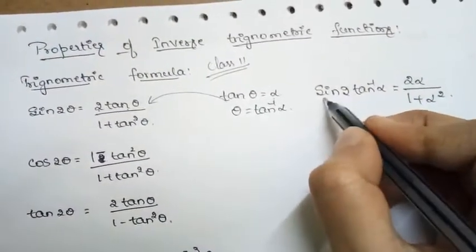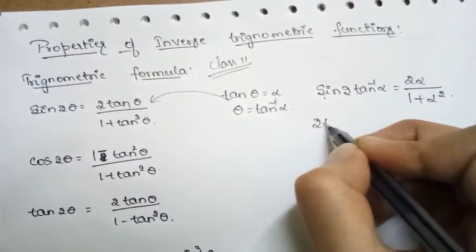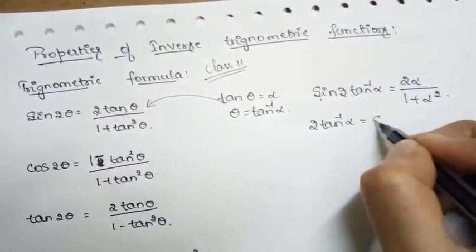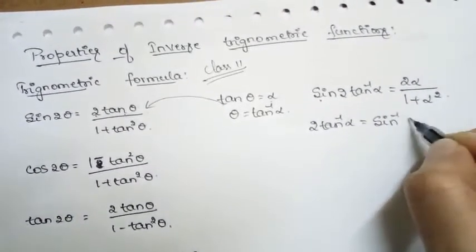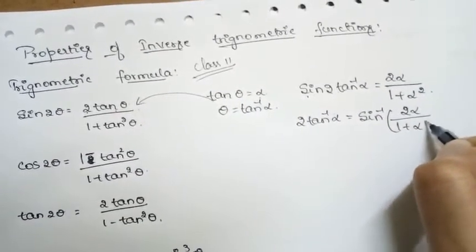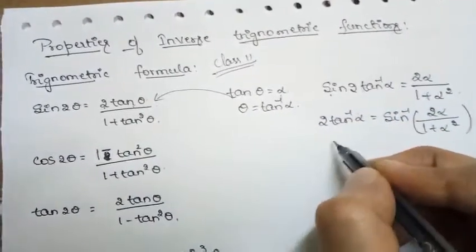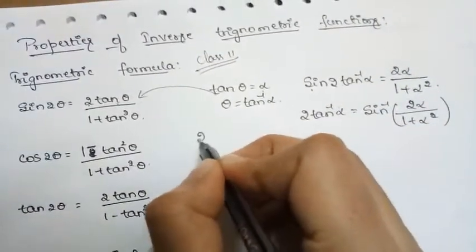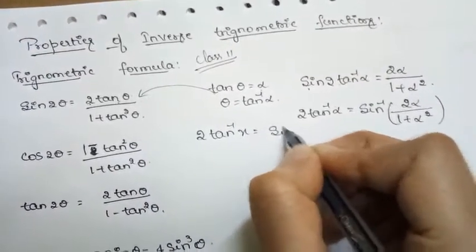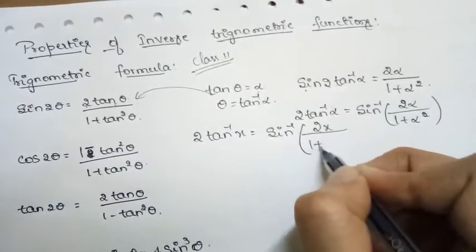If I bring this sine to the RHS, we get 2 tan inverse alpha is equal to sin inverse of 2 alpha divided by 1 plus alpha squared. Expressing alpha in terms of x, we have 2 tan inverse of x is equal to sin inverse of 2x divided by 1 plus x square.